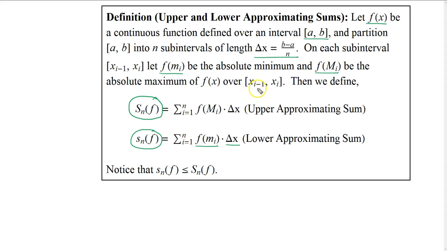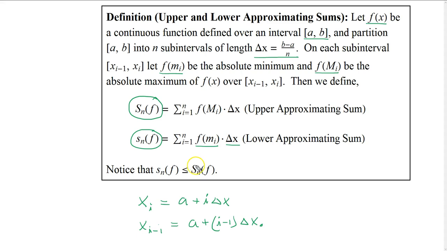And also notice that the subintervals, the x_i's, are actually a plus i times delta x. That's what the x_i is, and the x_(i minus 1) would be a plus (i minus 1) times delta x.